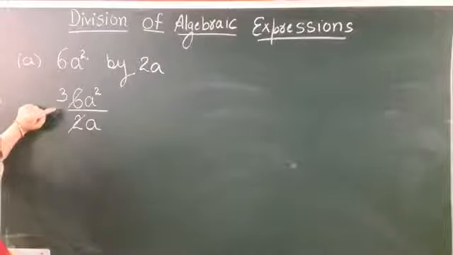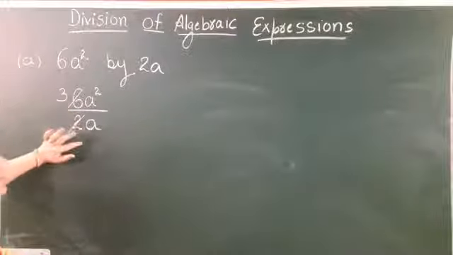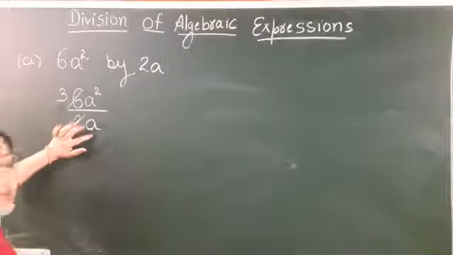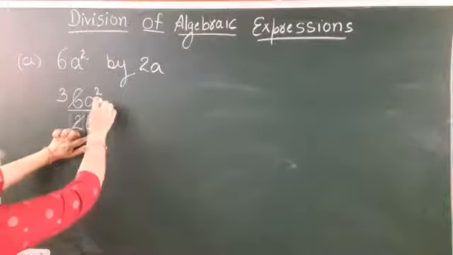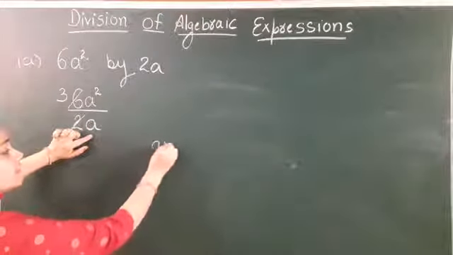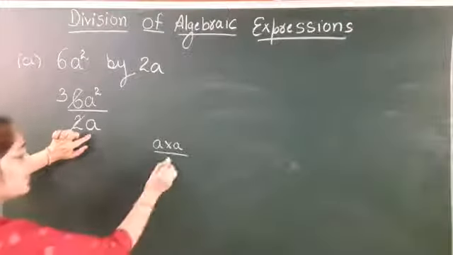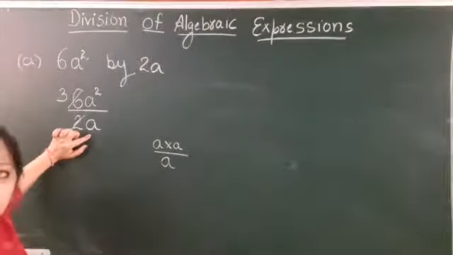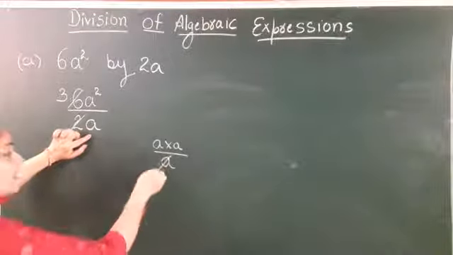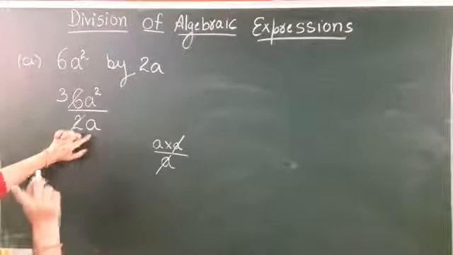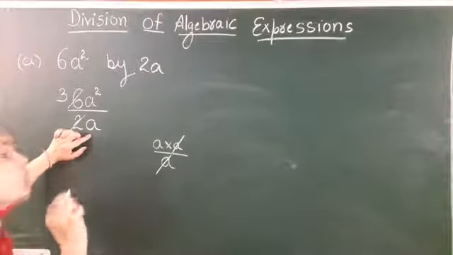Now let us look at the variable. Here you have a square and in the denominator you have a. So a square means you have a 2 times and in the denominator you have a 1 time. So 1a will cancel out with this a and you are left with only 1a in the numerator.